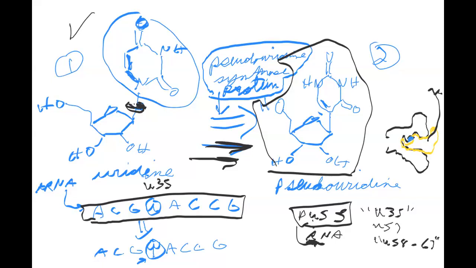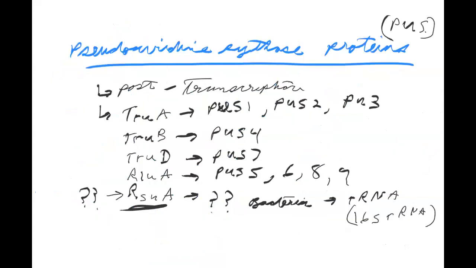Okay, now here I'm mentioning just in generic terms, so we have pseudouridine synthase proteins. They're post-transcription. That means that the RNA is created with the uridine first, and then the synthase, this PUS, is used, and then it'll turn some regions into pseudouridine.